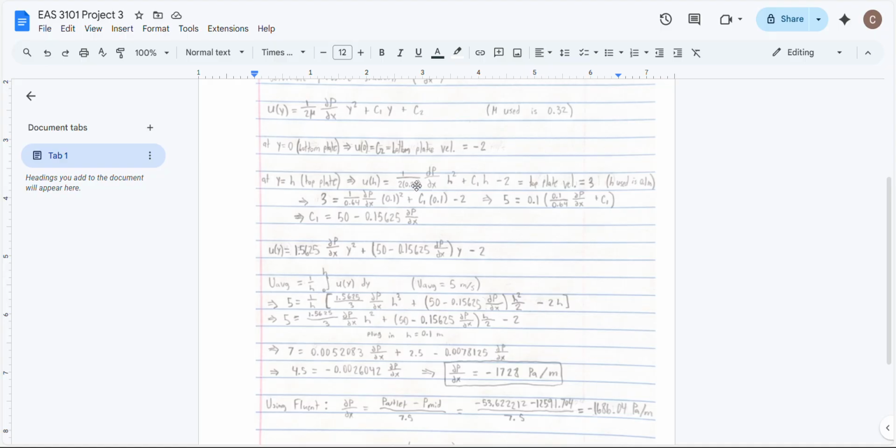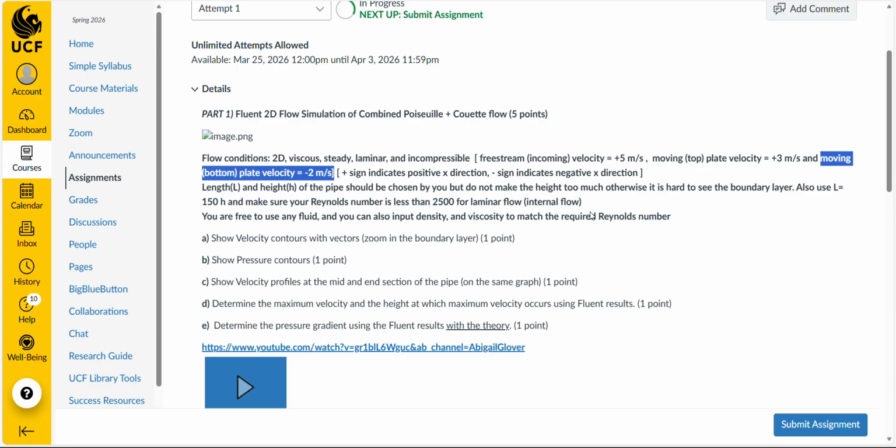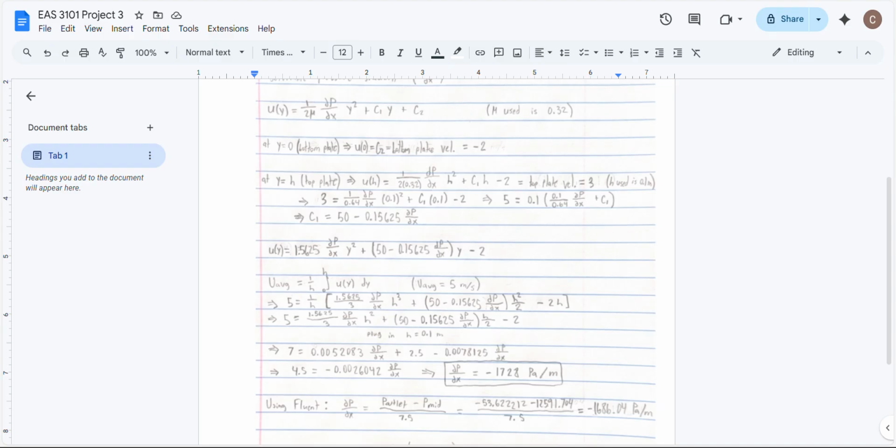Here I plugged in viscosity, plugged in h at each y, plugged in our constant C2 that we found, and this will all be equal to 3. As we see here, the moving top plate velocity is 3 meters per second. So all equal to 3, and h is 0.1 meters.